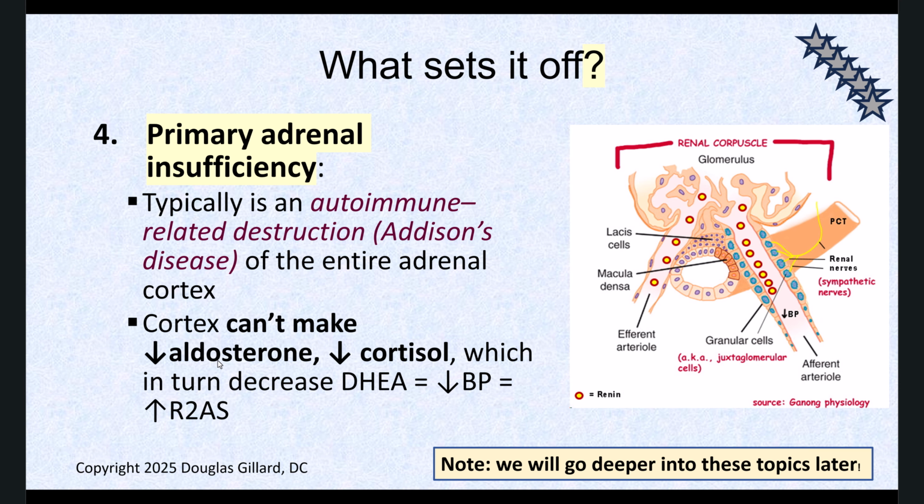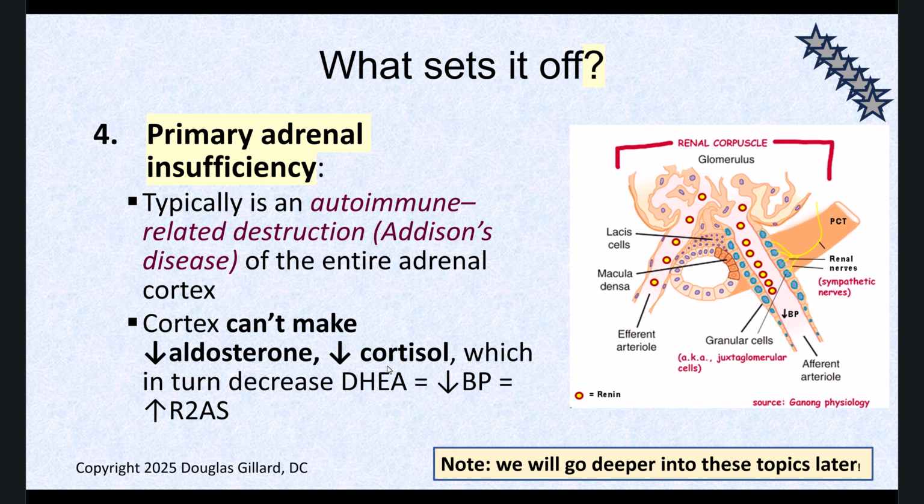But if you can't reabsorb salt, then your extracellular fluid, including your bloodstream, will be hypotonic, or hypoosmolar, or have hypoosmolarity, however you want to say it. The ratio between salt and water, too much water, not enough salt, will cause low blood pressure and that will stimulate the R2A system. So that works.